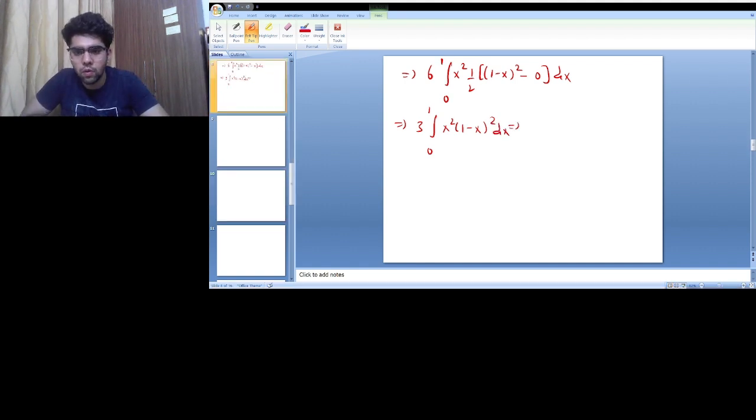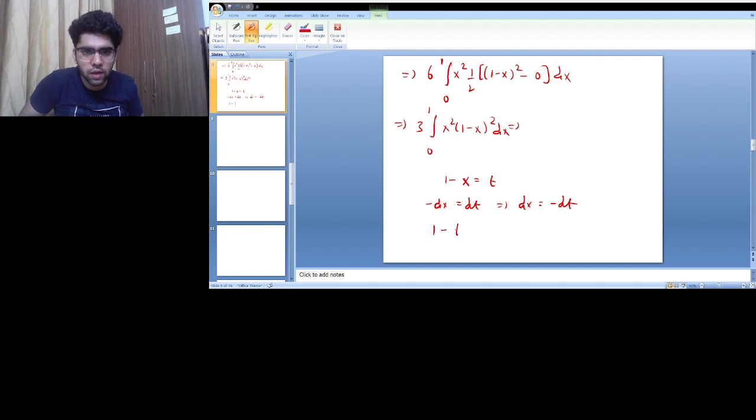Yes, so now we just need to find the value of this integral, right? So I can substitute 1 minus x as t, so this gives me minus dx is equal to dt, which means dx is equal to minus dt. Also if I take t to the LHS, this gives me 1 minus t is equal to x, right? And now if I'm making a substitution in a definite integral, I need to change the limits also, right?